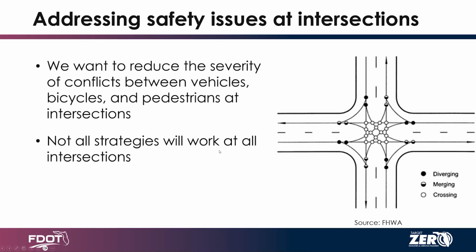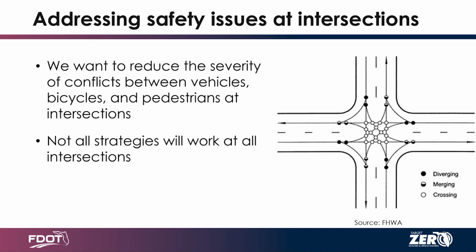And then as you go through the intersection, you have a crossing conflict because you're intersecting with another lane of travel, and another potential crossing conflict. Those crossing conflicts are usually where we see more severe injury types because of higher speeds and more of that T-bone angle maneuver. So just at this intersection, there are a lot of conflict points.